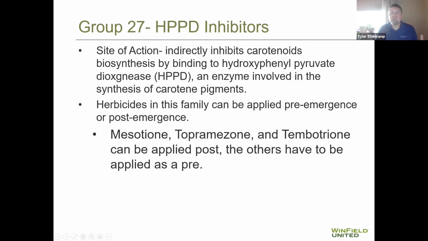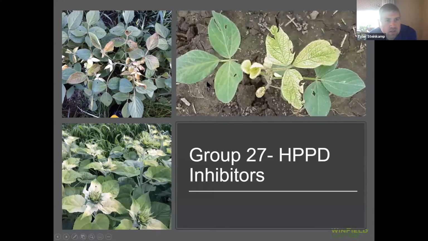So we do get some synergism between the group 27s and the group 5s. Herbicides in this family can be applied pre-emerge or post-emerge. Some of these are better off as a pre, some of them are better off as a post. This is the effect that you're going to see with this. You're going to get that bleaching type effect in that new growth first.